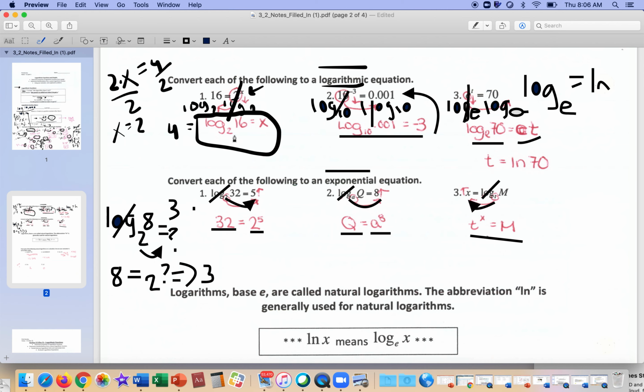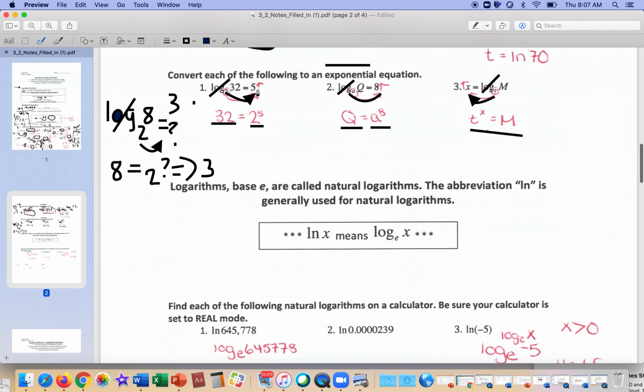So on number 2, we do log base 10 on both sides. When the base and the argument are the same, you can just cross them off. That's why we end up with -3 equals log base 10 of 0.001.